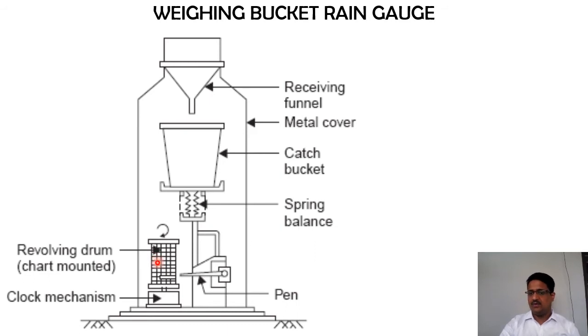If you want more time, one complete rotation can be 1 week, or 1 month, or 6 months, or even 1 year. Based on how we set it up, that tells us at what interval a person needs to come here to collect this data.